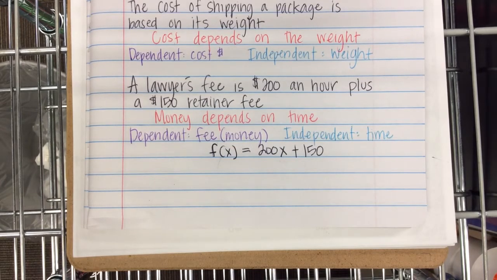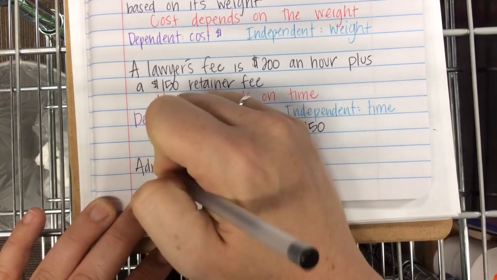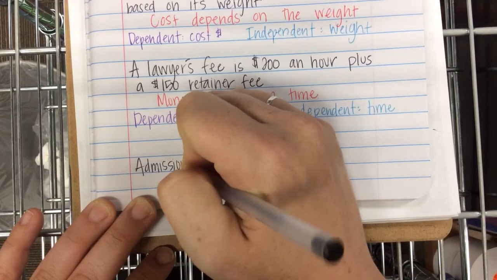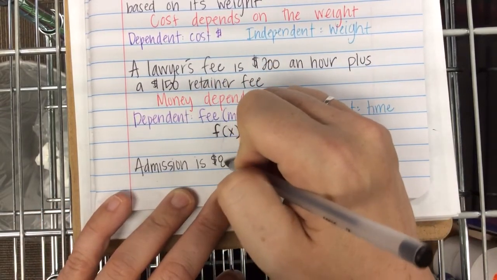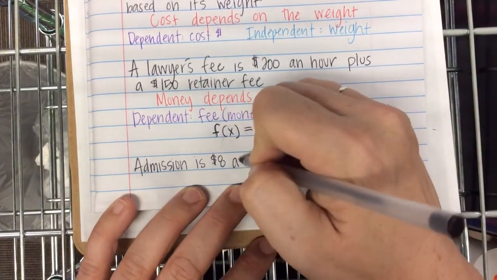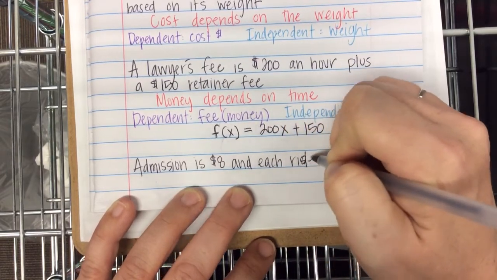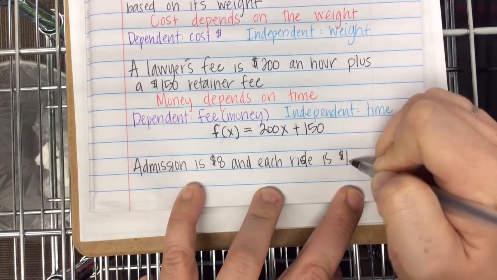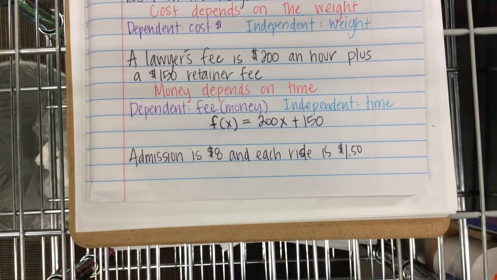All right, let's do one more. Admission is $8, and each ride is $1.50. So let's say this is to Shawnee Days, right?